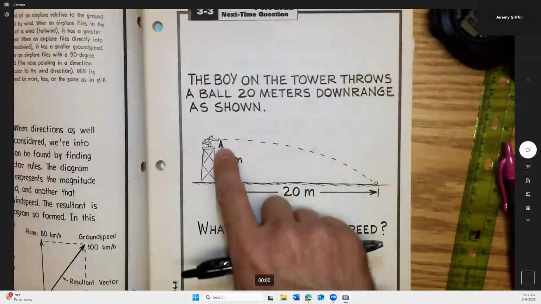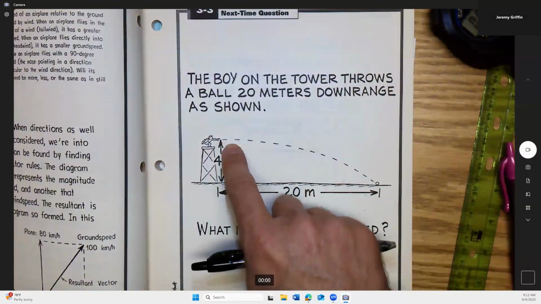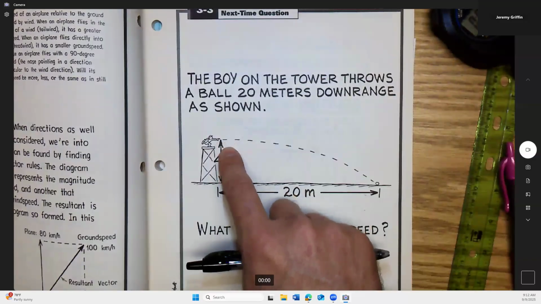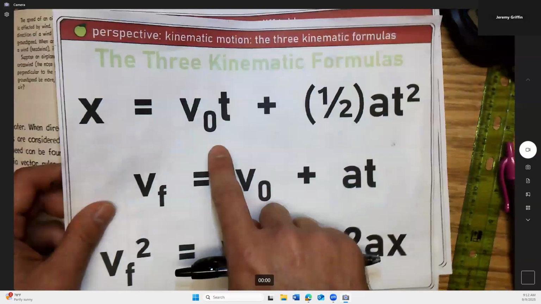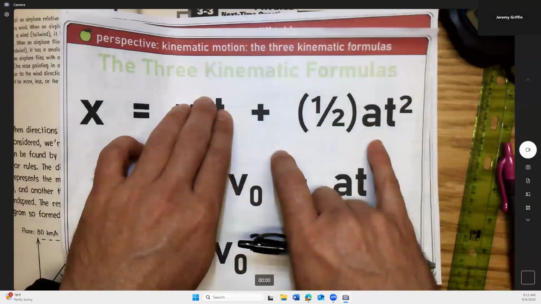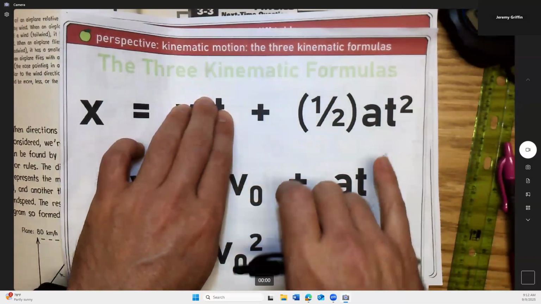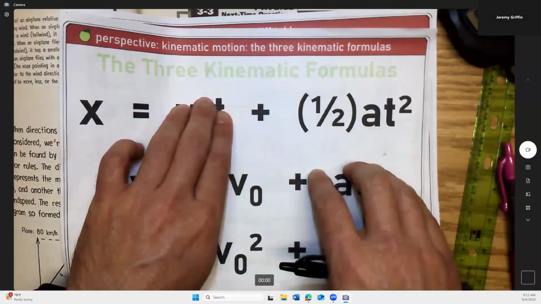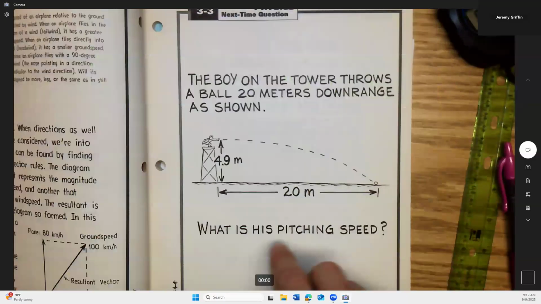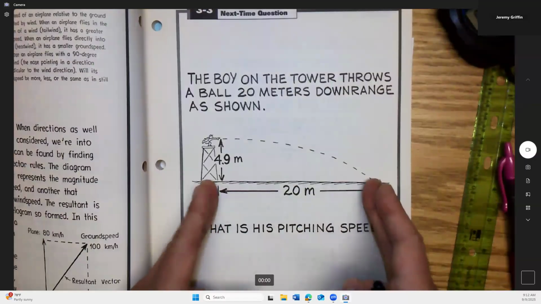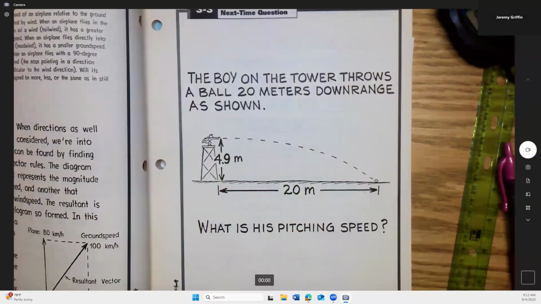If he throws it really hard to the side, how fast is it leaving his hand vertically? 0. This is still 0. So it's still the same time. It still takes 1 second to reach the ground. Okay? And that's strictly a vertical question. Once you know 1 second, okay, it went 20 meters across in 1 second, must be 20 meters per second. Okay?